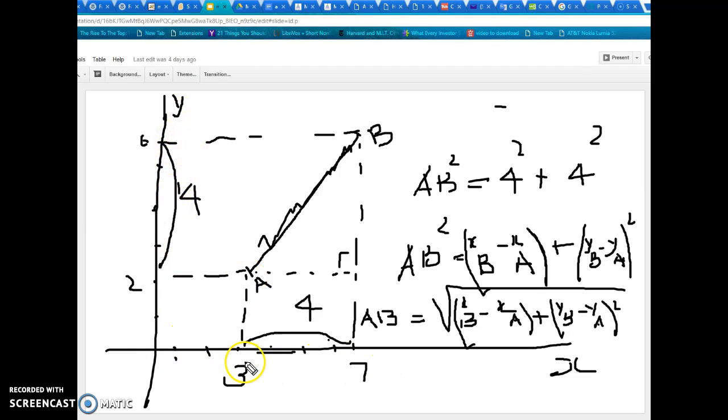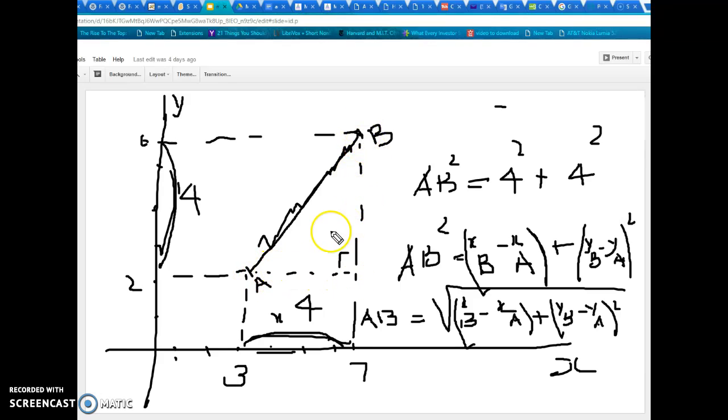Once you use a reference, you will need to find the value of the starting point as well as the end point. Once I get the coordinate of the starting point as well as the coordinate of the end point, I can work on them, because they're gonna give me the x for AB, and that will give me the y for AB. Once I get them, I can use what I call the Pythagorean theorem.